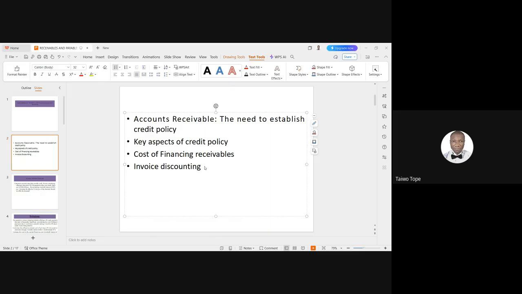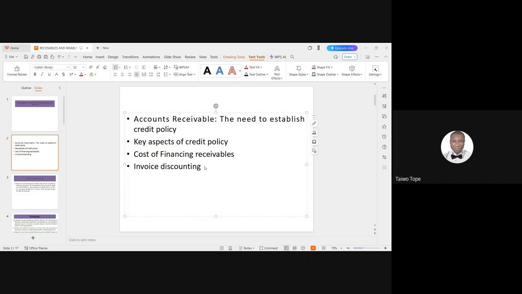Now, what are those factors that will influence your credit policy, that will determine the type of credit policy you have to come up with? Number one, you can have the issue of the demand for your product. How well are you getting demand for your product? It will determine how you fix your credit policy.